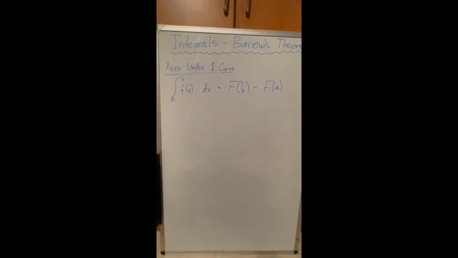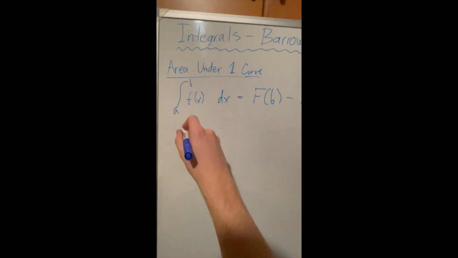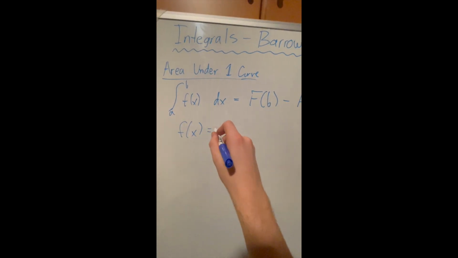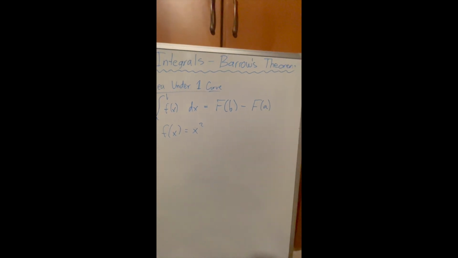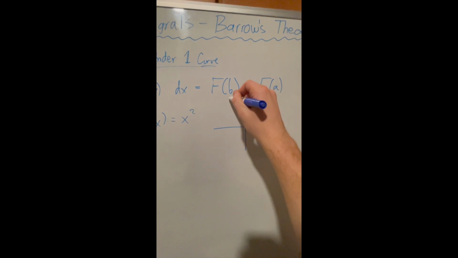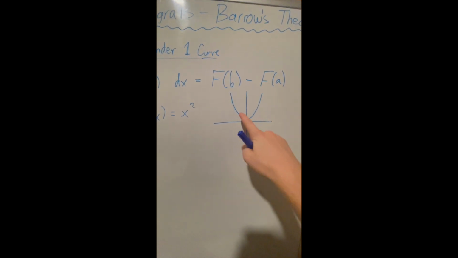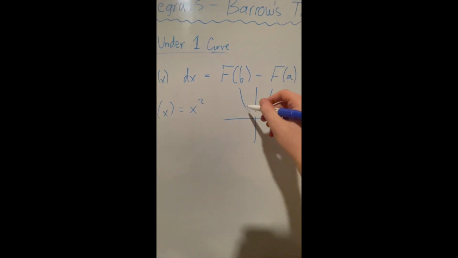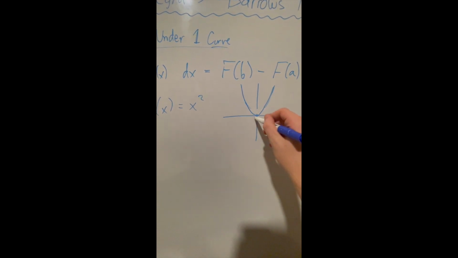So let's practice with a very simple example. Let's say our f of x is x squared, which we know has the following shape. It's a parabola crossing point 0, 0.